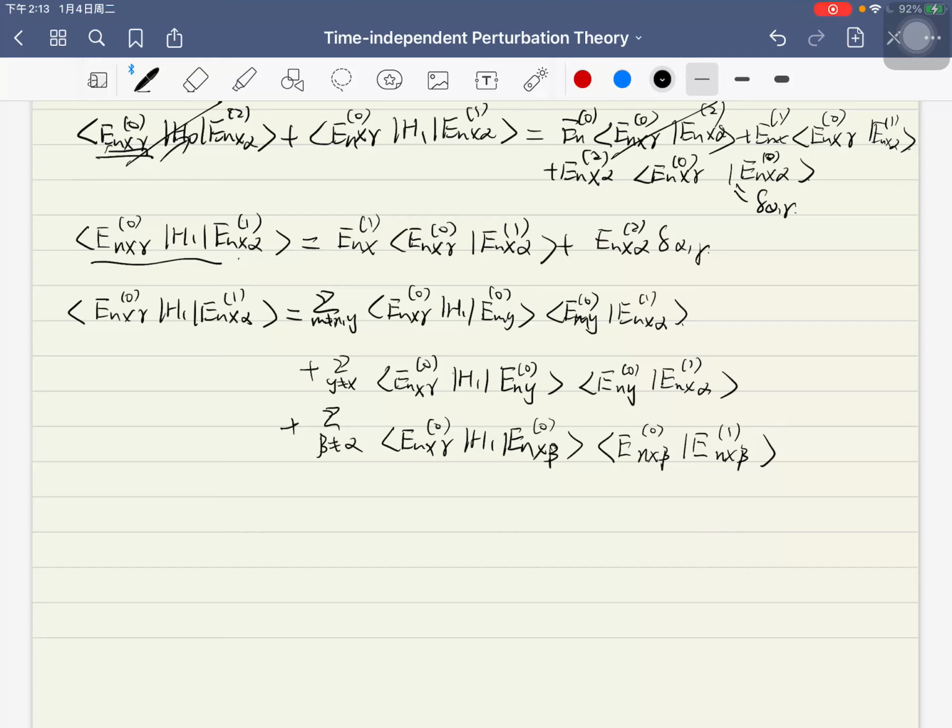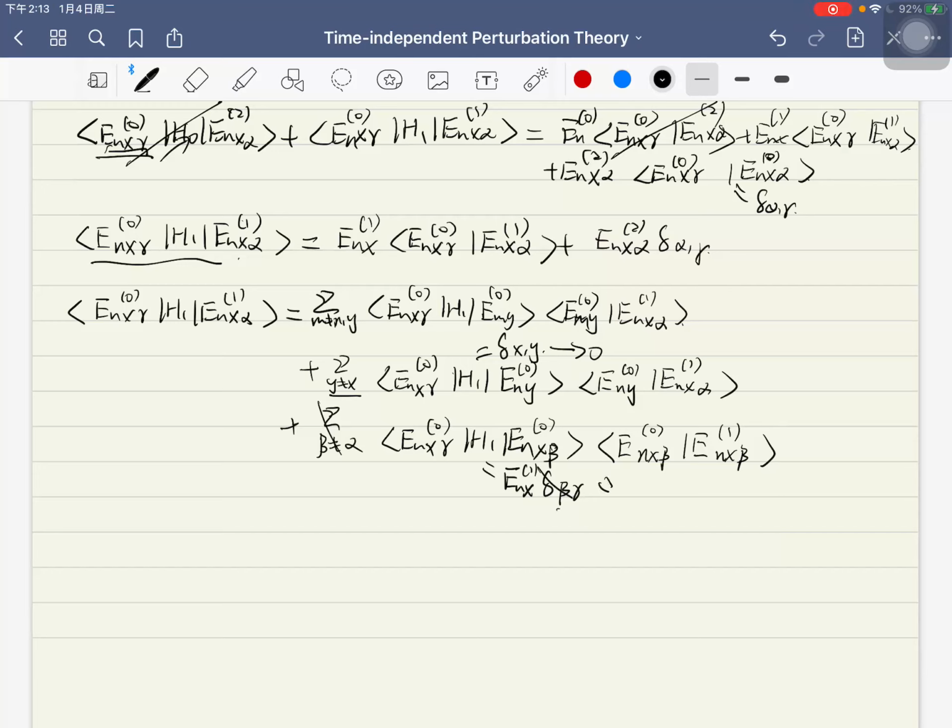Let's observe this. This term equals delta x y because of the basic orthonormal relations, but y does not equal x, so this term vanishes. And here, this term equals E n x 1 delta beta gamma, and these two terms, the delta function and the summation, will be cancelled.